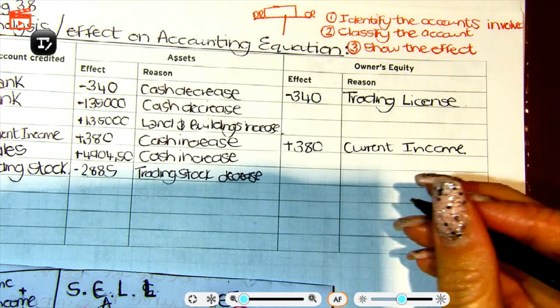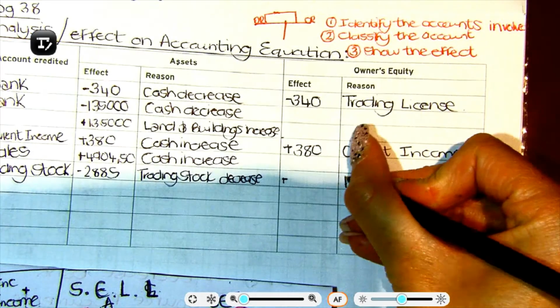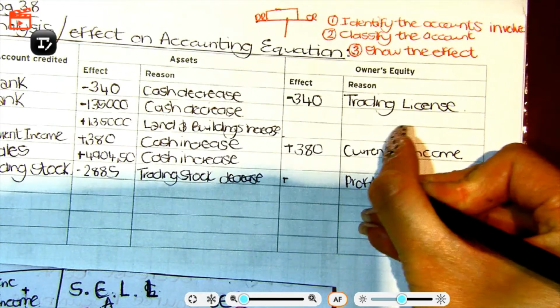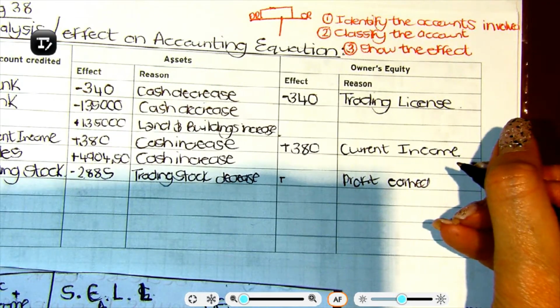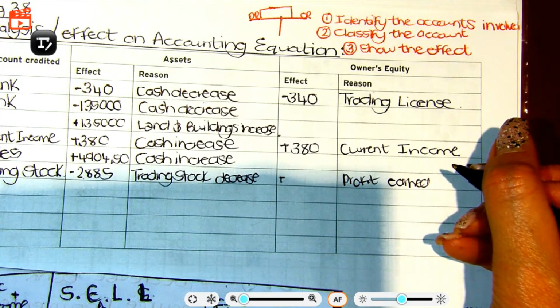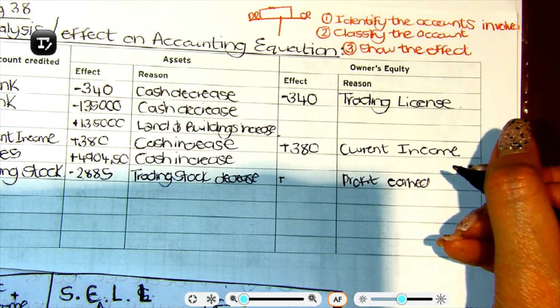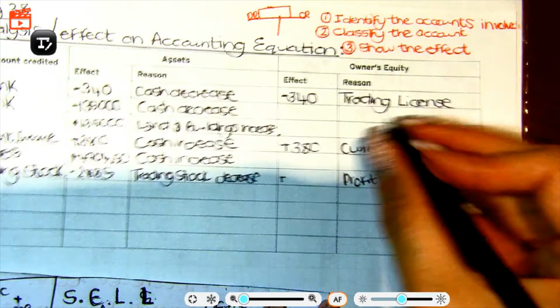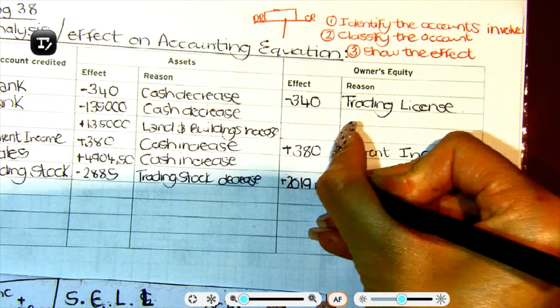Profit earned is going to be my selling price minus cost price. So 4,904.50 minus 2,885, which is going to give me profit of 2,019 Rand and 50 cents.